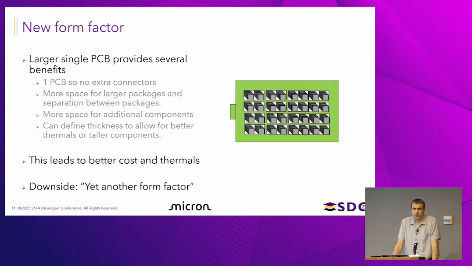You get flexibility there. And flexibility equates to cost, right? It could take less design time. It could take less complications. You also get to, having a new thickness or a defined thickness that's maybe different, allows for better thermals or taller components, right? I mean, I can go to 6 millimeter, basically go open slit or open SSD, something like that.